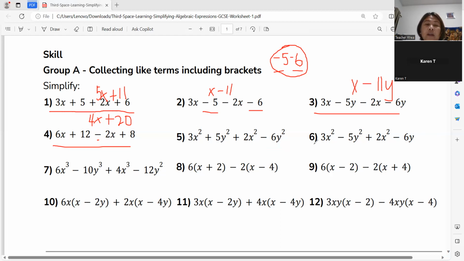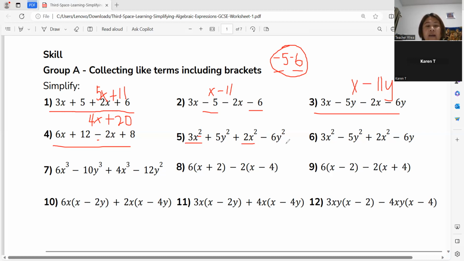So what are the like terms here, Yousif, in number 5? 3x squared and 2x squared. Do not forget to mention the exponent. So 3x squared plus 2x squared is how much? Just add the coefficients, Yousif.